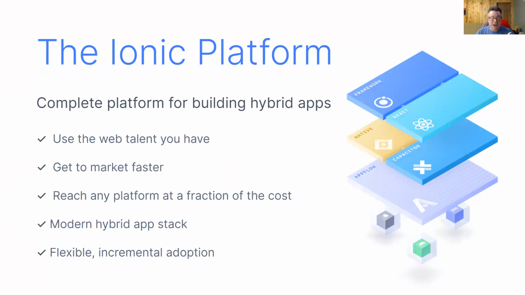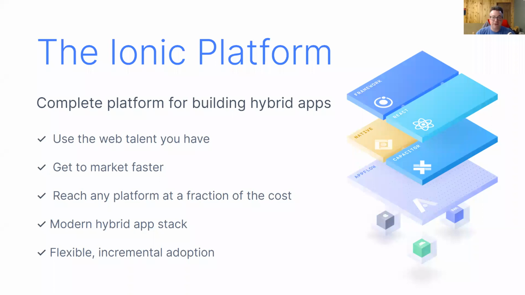So to circle back to how we started the presentation, if you have app teams that have this huge backlog they're trying to deliver, especially for mobile, how are successful teams doing that, right? Well, perhaps unsurprisingly, they are using the Ionic platform, because it's a complete platform for building hybrid apps. No need to pull from all different types of sources and open source tech and unmaintained tech, right?